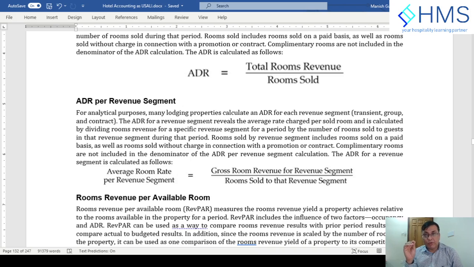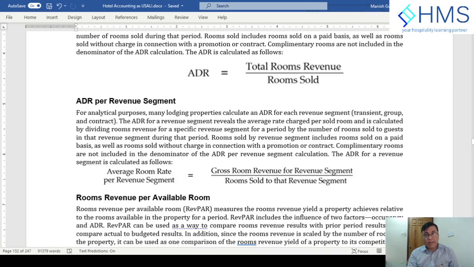Revenue per available room is also a very important metric because occupancy only or ADR only will not be really helpful, because you can increase the ADR but at the expense of occupancy, or you can increase the occupancy at the expense of ADR. But what drives the real profitability is the RevPAR, room revenue per available room.